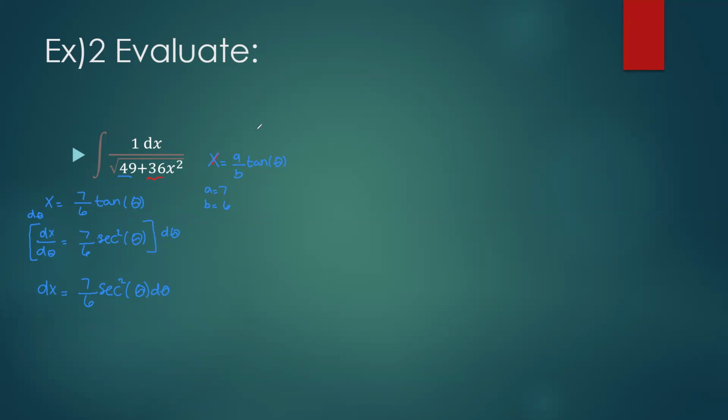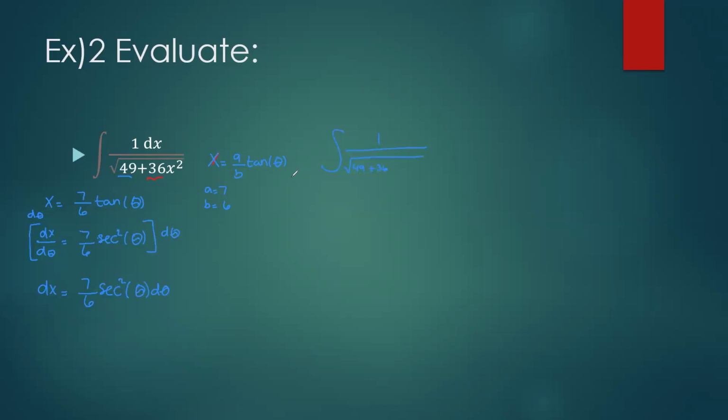Now we substitute what we have. It's going to be the integral of 1 over the square root of 49 plus 36, and then our x value is 7 over 6 tan theta.